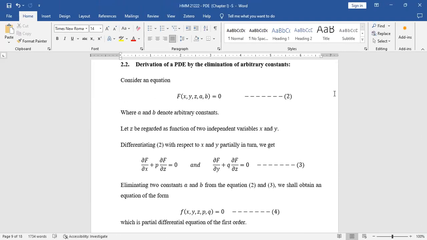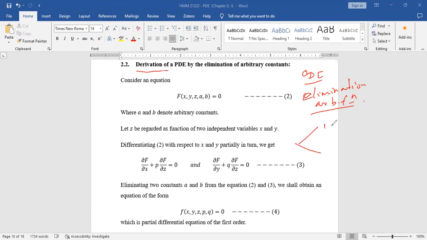Okay. Here, to form the PDE, because in the ODE case we have just used the elimination of arbitrary constants, since those situations come only from arbitrary constants. But here we're going to derive it in two ways.